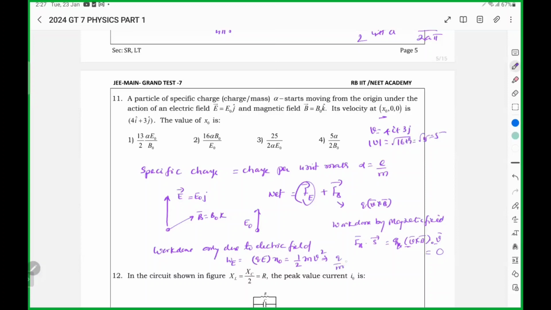So Q by m E x naught equals half V square, which is 25. So x naught is 25 m by 2 QE. Q by m is alpha. So 25 by 2 alpha E naught is the right value of x naught.